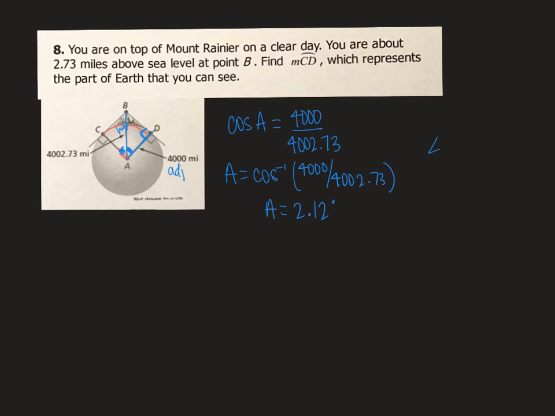So that whole angle CAD is going to be about 4.24 degrees. And central angles have the same measure as the intercepted arc. So arc CD is going to be about 4.24 degrees.